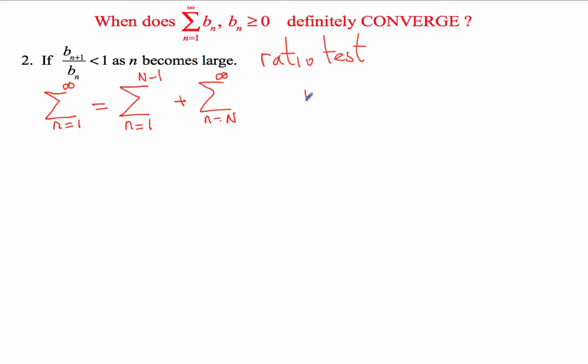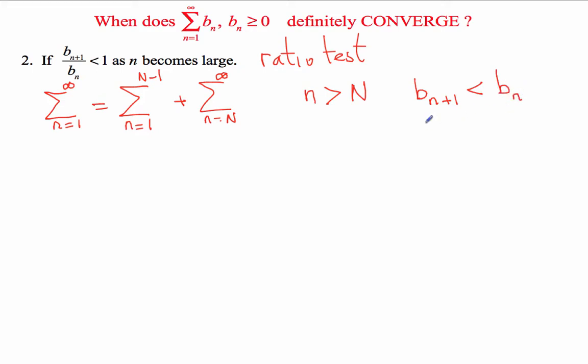Now, when n is bigger than this large number N, we'll have that Bn plus 1 is less than Bn.